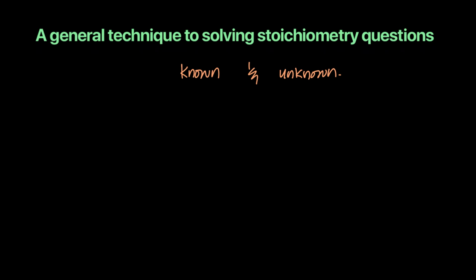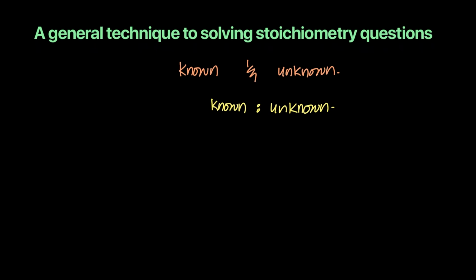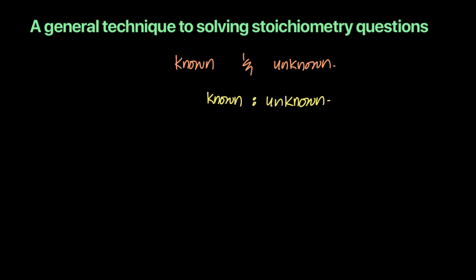And the stoichiometry we just saw in an equation, it all depends on the ratio of moles between the known and the unknown. That's the ratio part, the stoichiometry part, the ratio between moles of knowns and unknowns. What is also important to realize is that we're never going to be given the moles of the known.